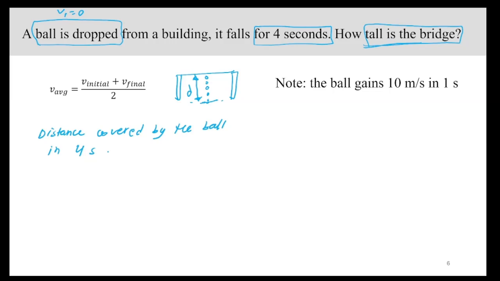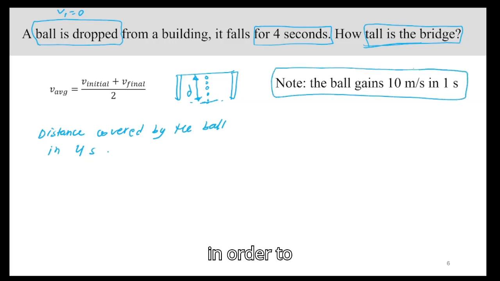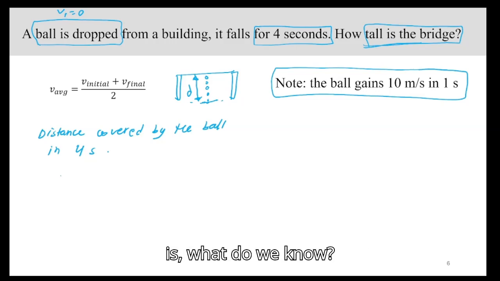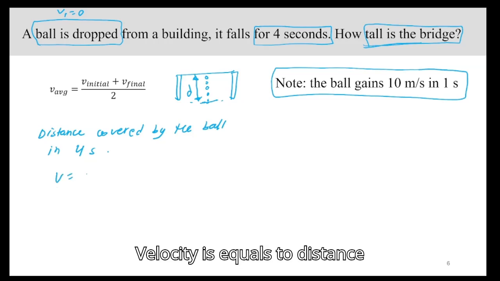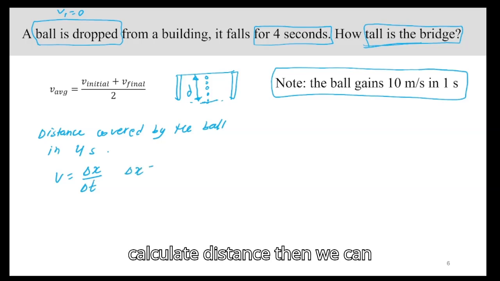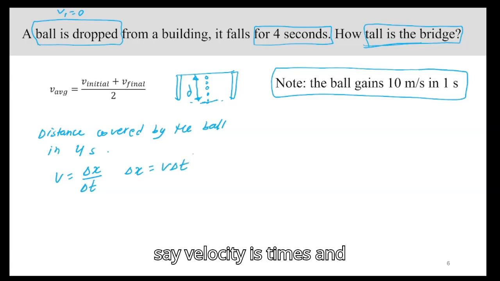Note again, in order to calculate distance, what do we know? Velocity is equal to distance over time, and if we need to calculate distance, then we can say velocity times time.